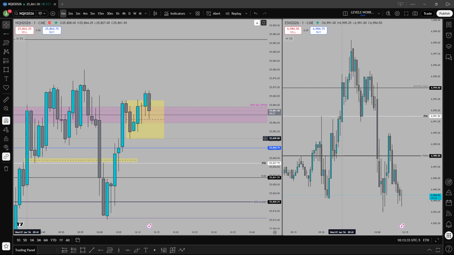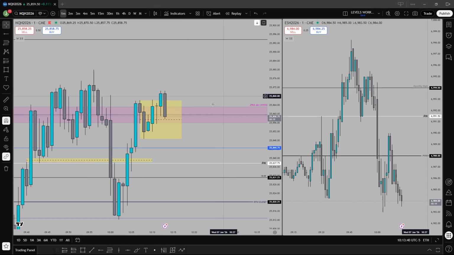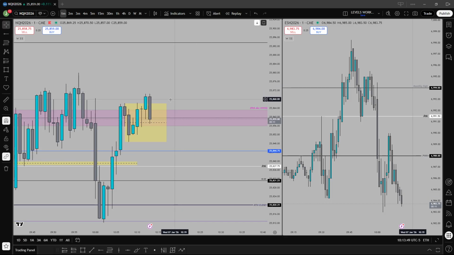Sorry. This would have been a very good order block if the price had extended or expanded from here and then created a fair value gap too.